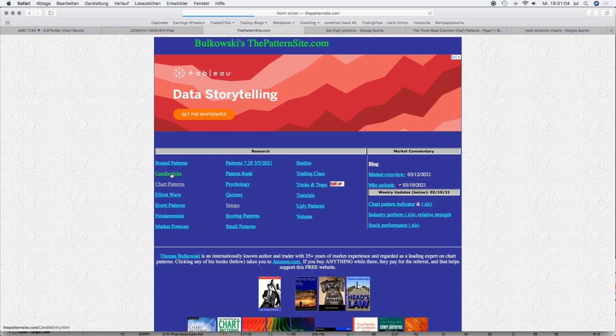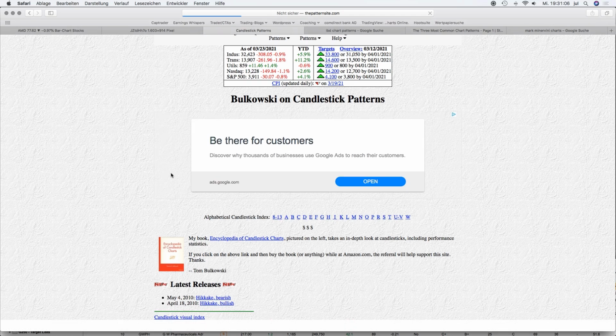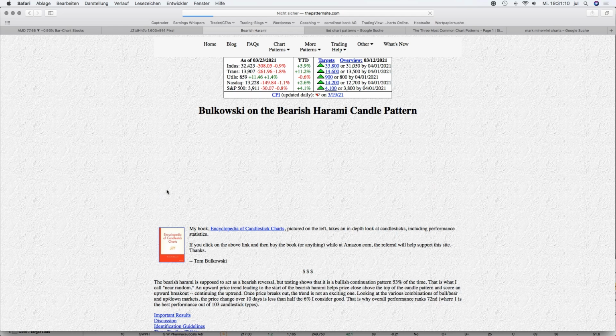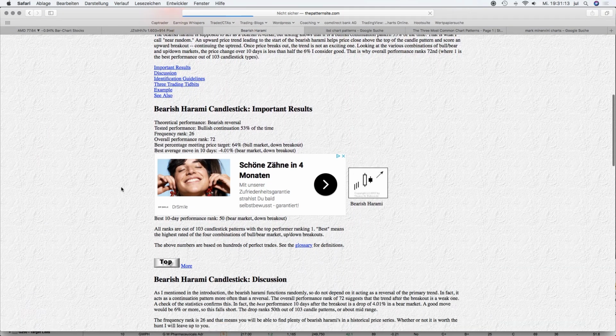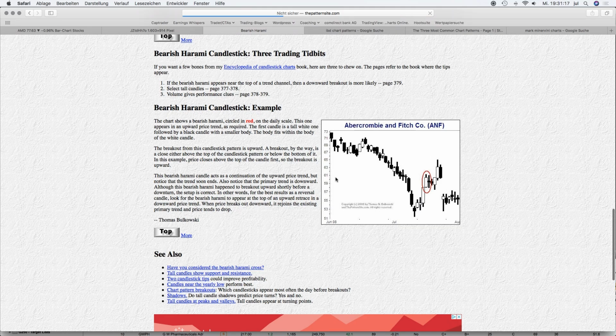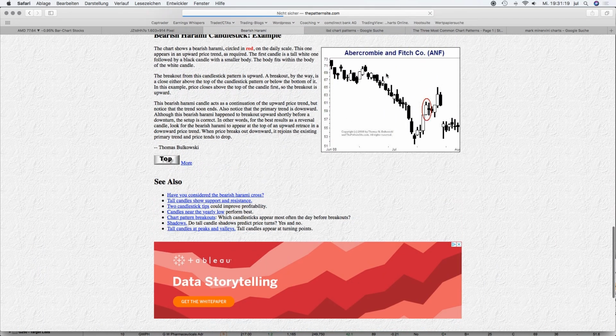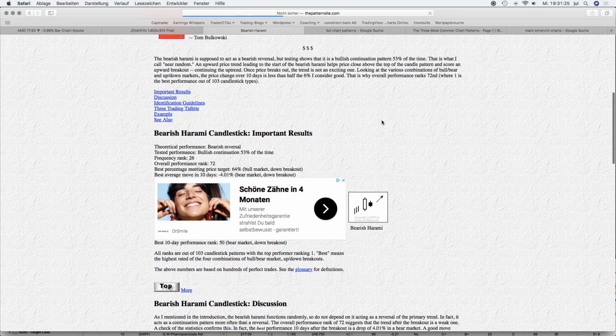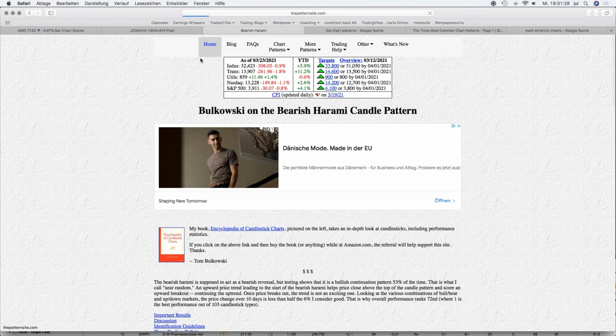And there are also candlestick patterns here. So if you are interested in candlestick patterns, you can see all the candlestick patterns on his website, also with examples. And with the examples, you get new inspiration to go through historical charts, by the way. So this is also a very helpful source.